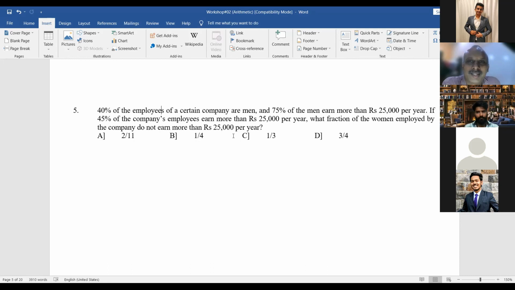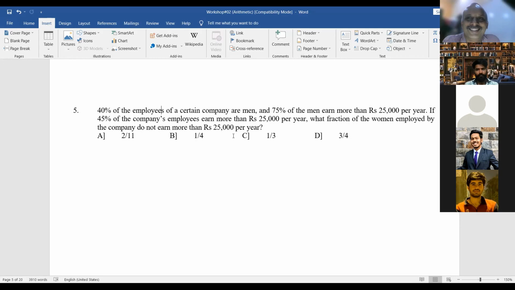So the others who said answer D, did they follow this method, what Sagar said, or something else? Or did somebody do it by the XYZ method? Let us say employees are X, out of them 0.4X are the number of men, and so on. Are we still doing it like that? If yes, then one should not follow this approach.